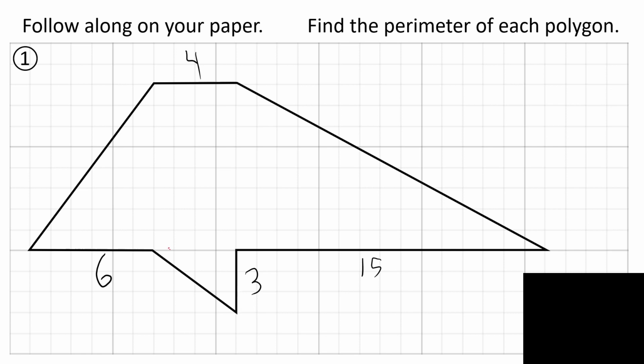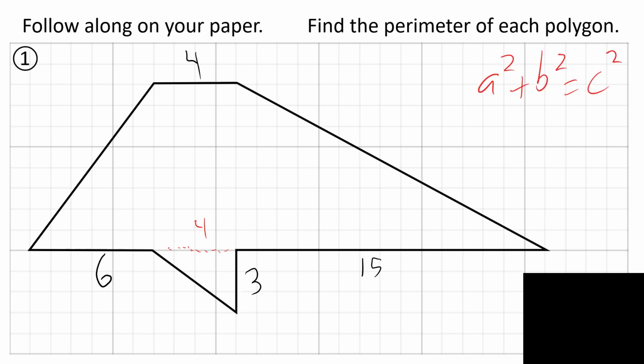And I got to figure those out. Now, notice I put that 4 in red because that's actually not one of the numbers I'm going to use as the perimeter. But I need to use that as an aid to try to figure out the hypotenuse of that small triangle I just cut off there.